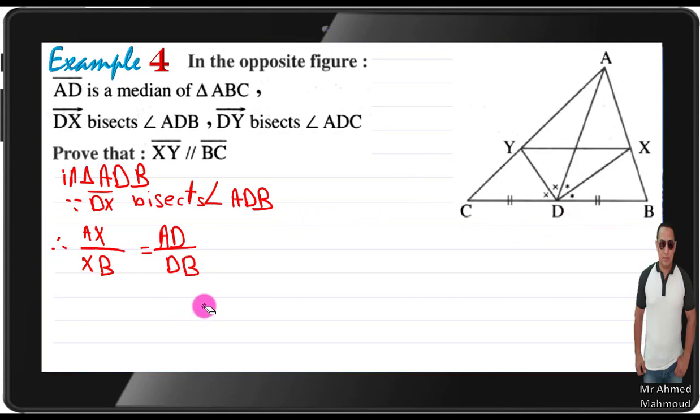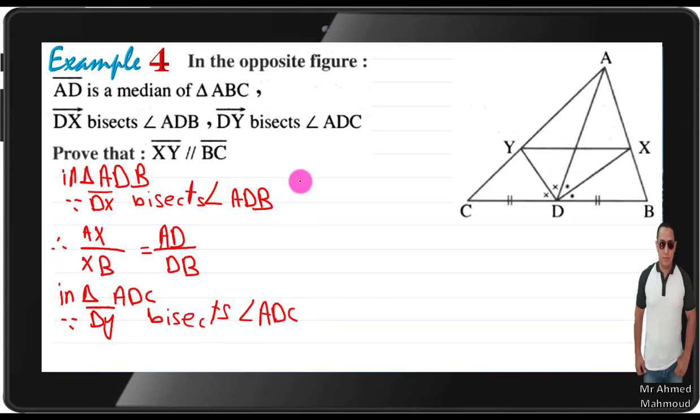Okay, now in the other triangle, in triangle ADC, since DY bisects angle ADC, therefore AY over YC equals AD over CD.